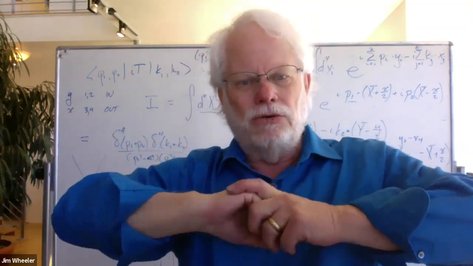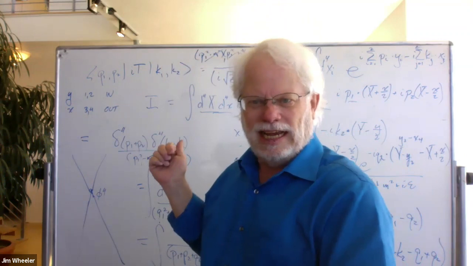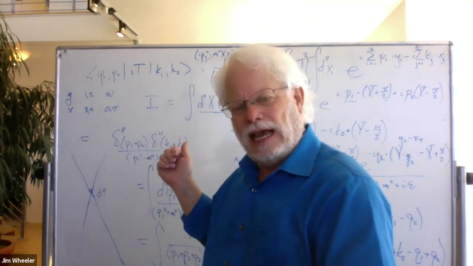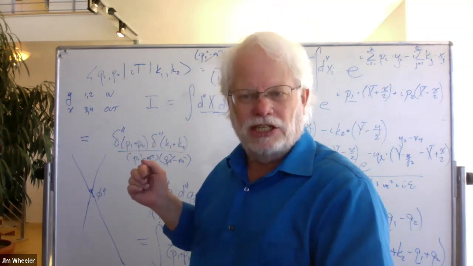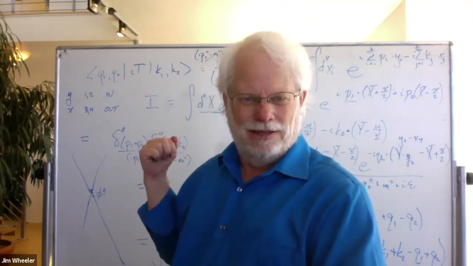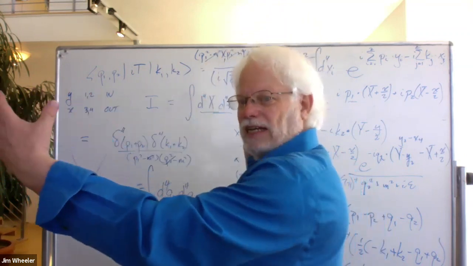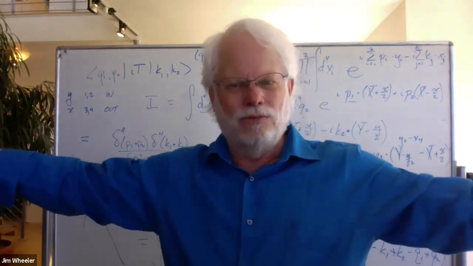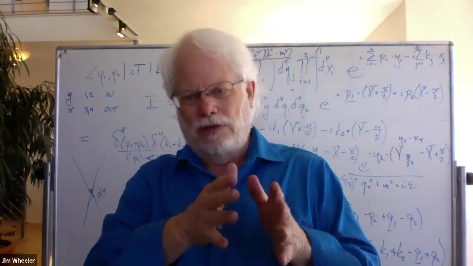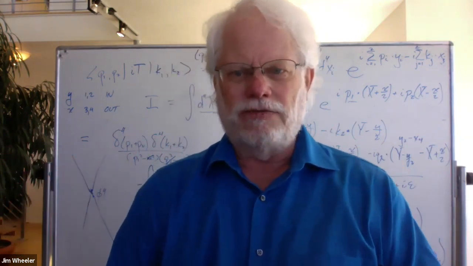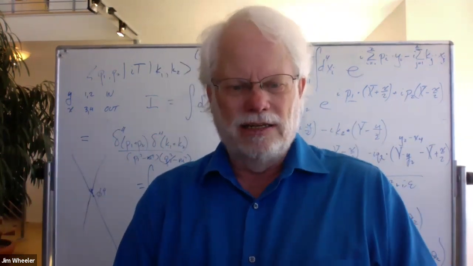The other thing we do is this is a probability amplitude. To calculate a scattering differential cross section, you've got to square it. So whatever we get here, we're going to square that before we actually reduce it down to concrete predictions for, say, electron-electron scattering.